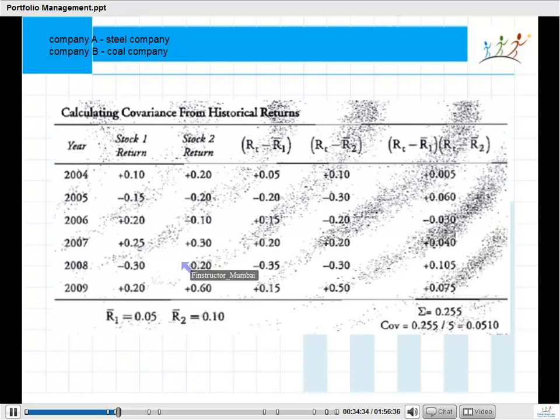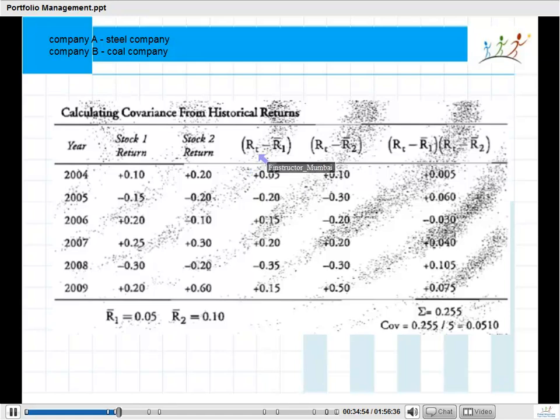So on and so forth. First, let's compute the mean of A, that is sum them up and divide by 6, it will come out to be 5%. Take the mean of B, that is sum all the values of B and divide by 6, so the return on B comes out to be 10%.